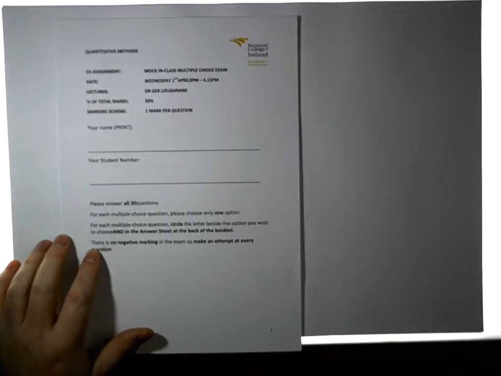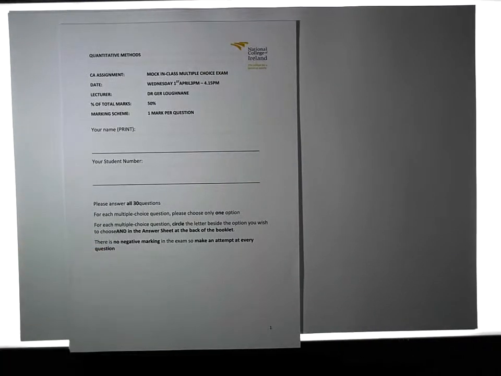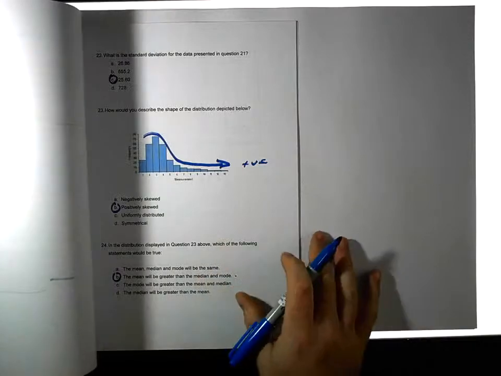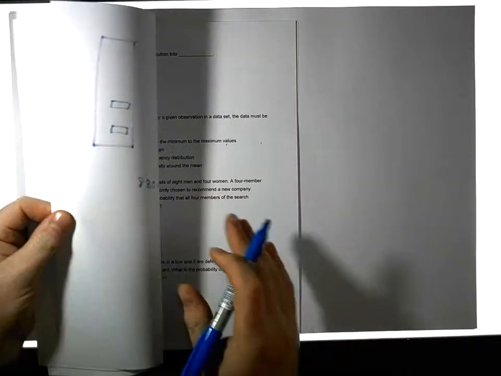Okay, so let's get this going. There was a question asked in relation to how to calculate the standard deviation. It depends on whether we have discrete data or not.